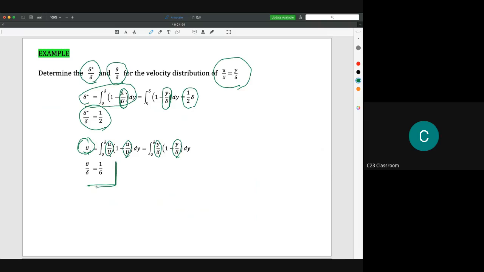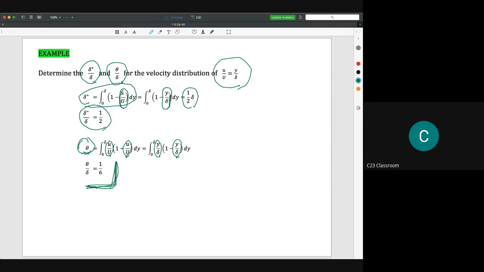This is very important, because in boundary layer theory a lot of equations contain theta. Delta star is okay, it's not so familiar and does not appear in many equations, but theta appears in many equations. So make sure that you can calculate the value of momentum thickness.